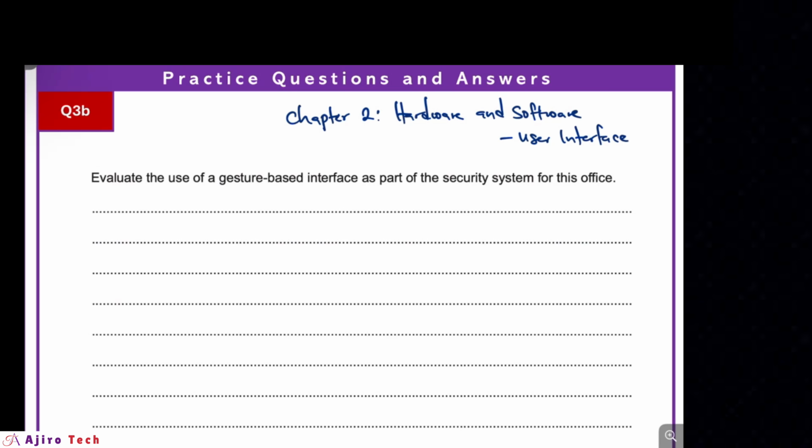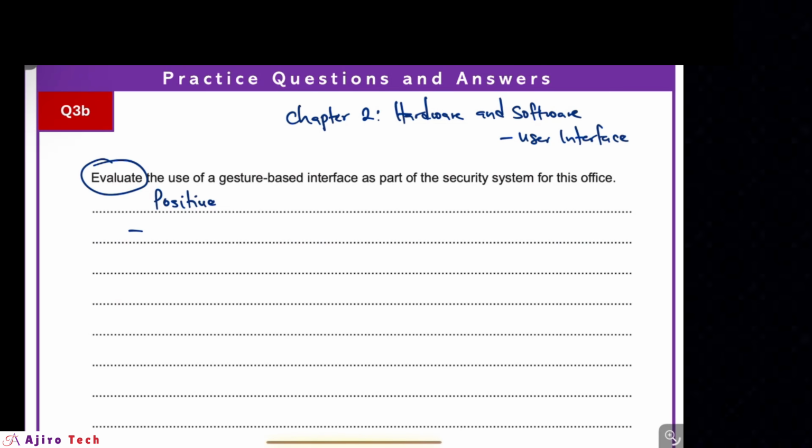So when we talk about evaluate, we talk about two things. You don't just judge something without looking at both the positive and the negative side of it. That makes it a complete evaluation. Okay, which is a command word there. You look at the good side, you look at the bad side. So let's talk about the positive.